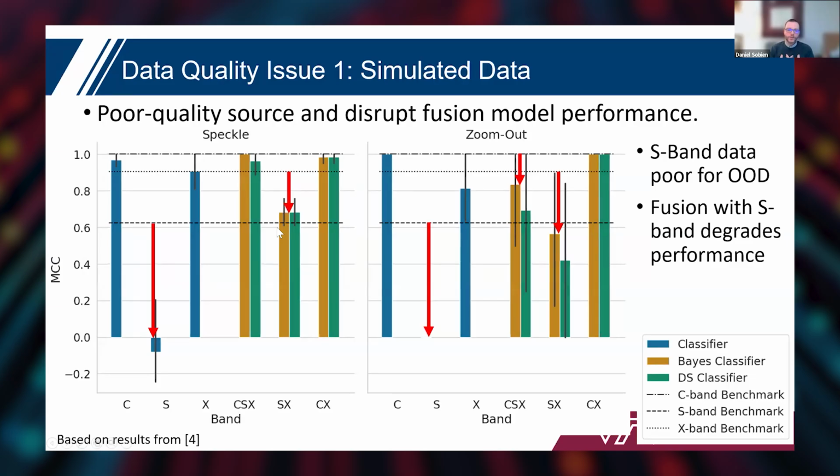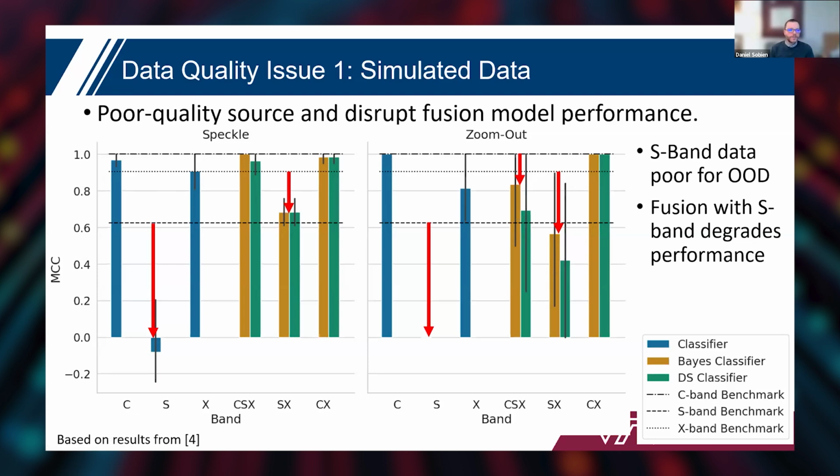Basically, ones where we used S-band have the most impact to performance. With the zoom out, we see similar degradation. It's a little more intense. So S-band does really poorly with this augmentation, and this bleeds over to all of the data fusion models that use them.